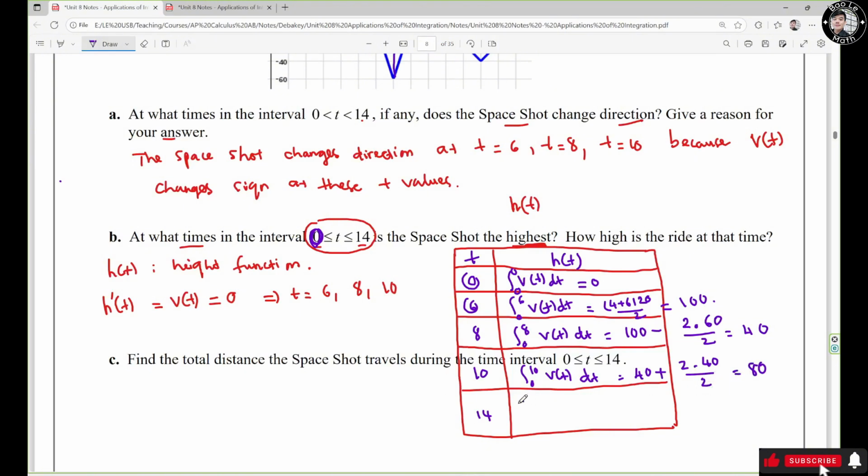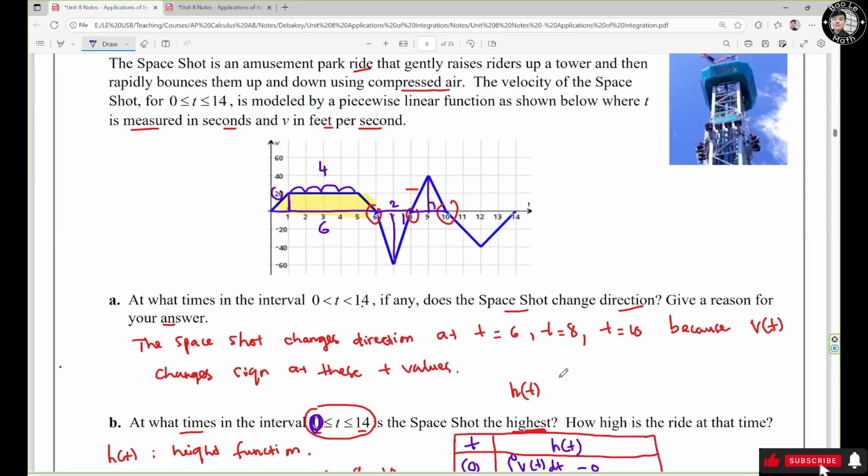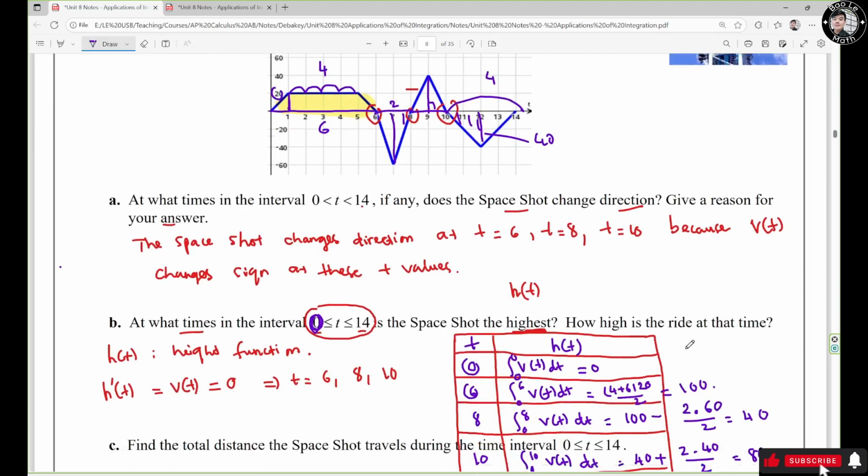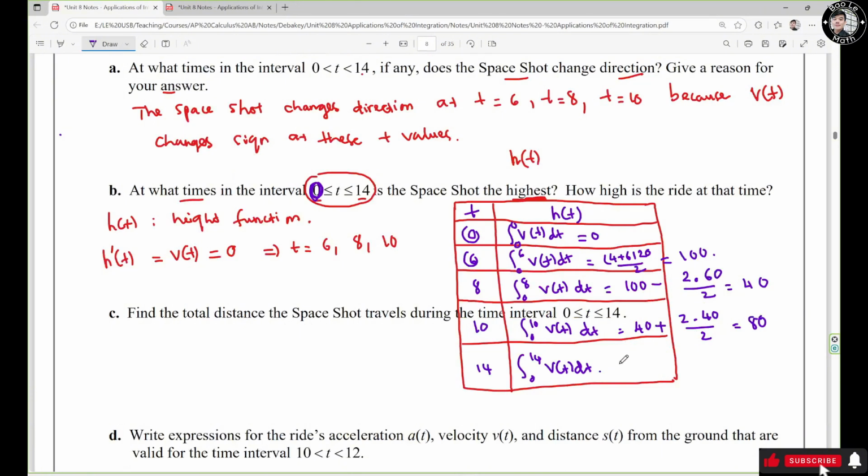And the last one, the integral from 0 to 14 of v of t dt, right? So you need to subtract this guy right here. The base is 4, the height is 40. So whatever you got right here, 80, subtract base 4 times height 40, divide by 2.